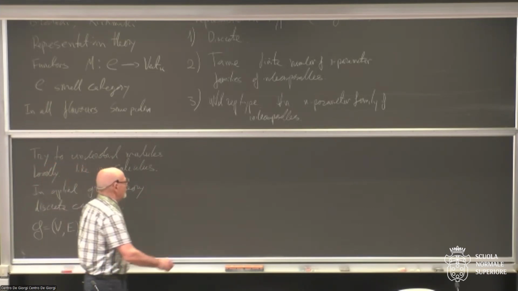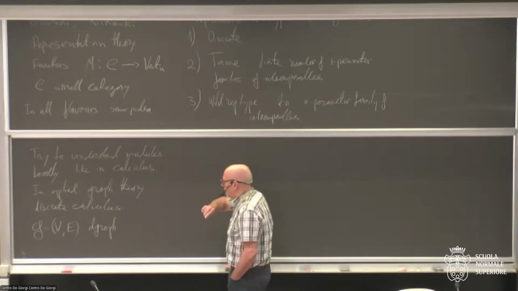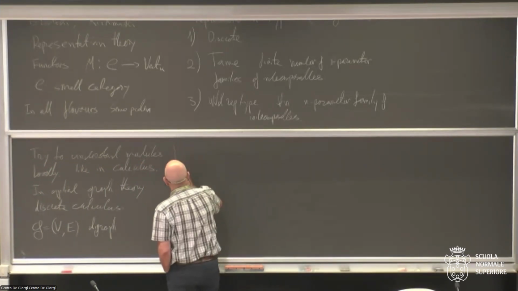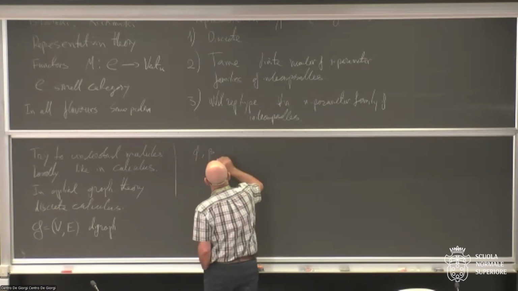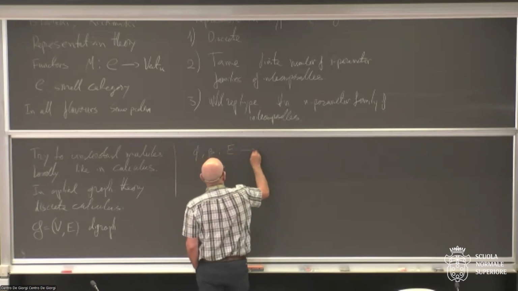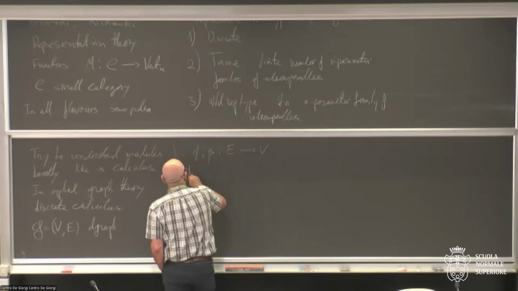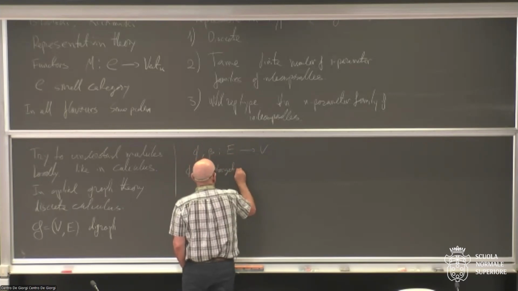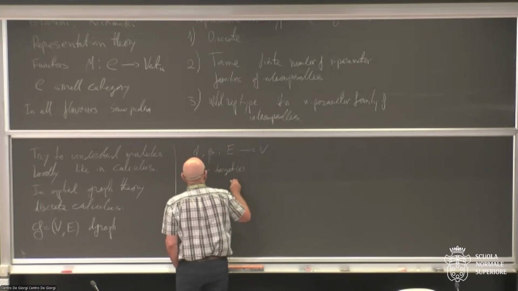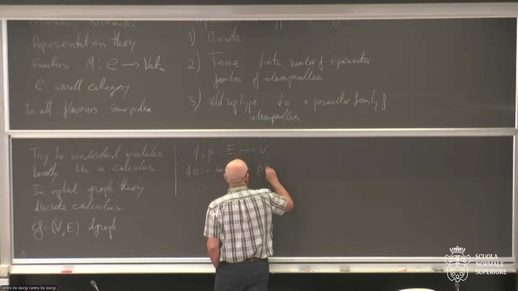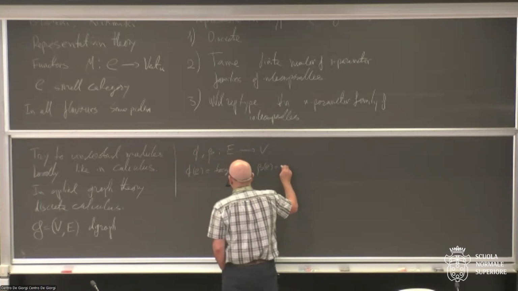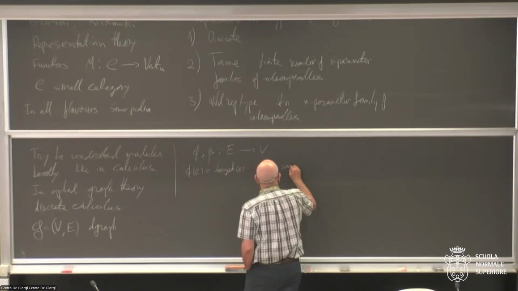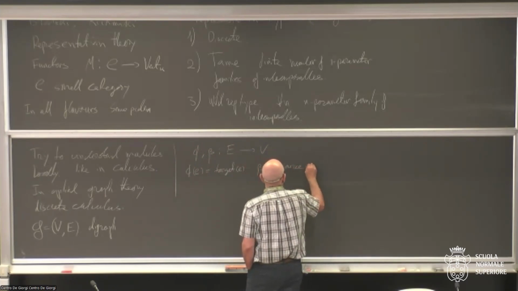Since it's directed, I have two functions which I'm going to call phi and beta, for front and back, going from E to V. So phi of an edge e is the front, the target of e, and beta of e is the back, or the source of e.